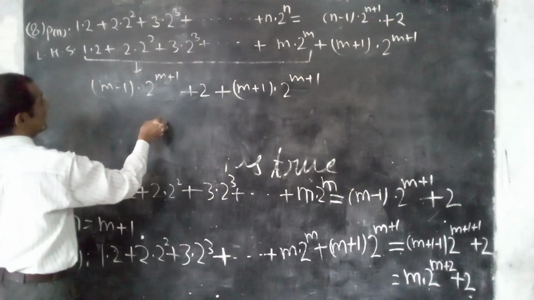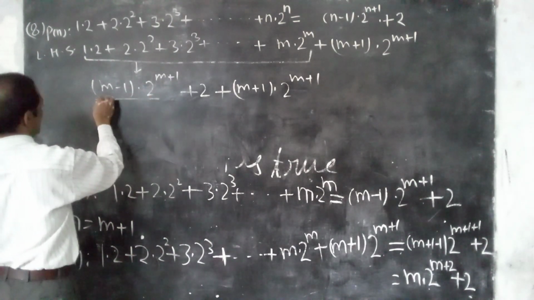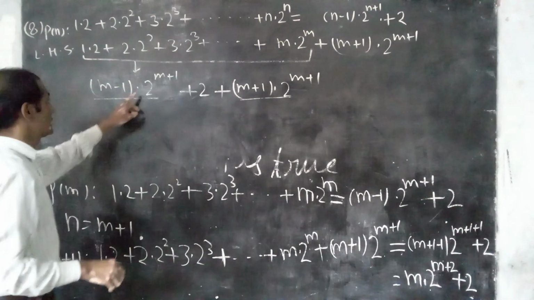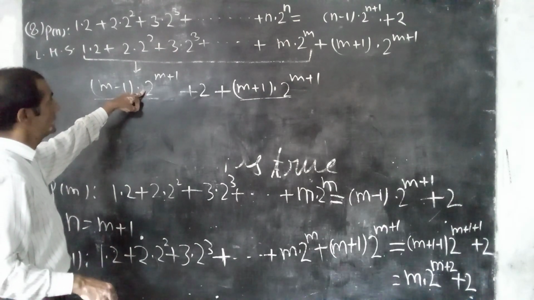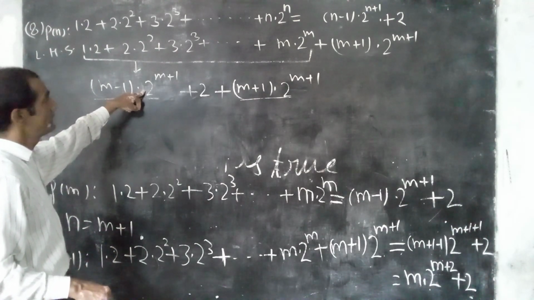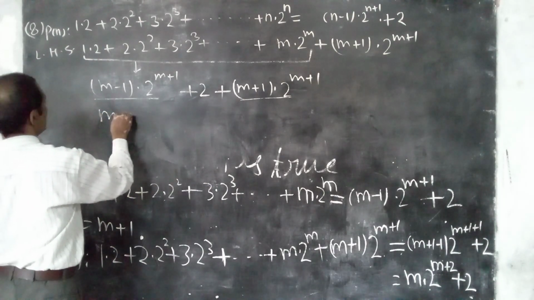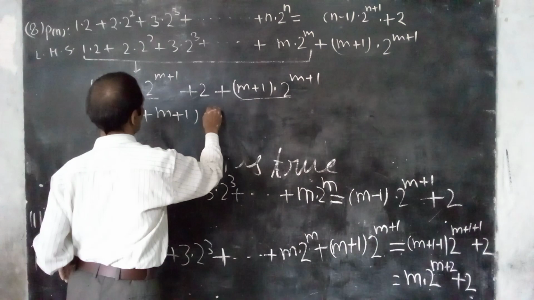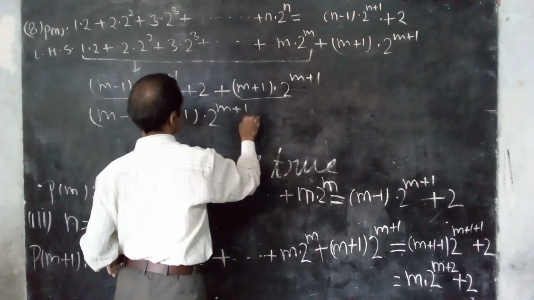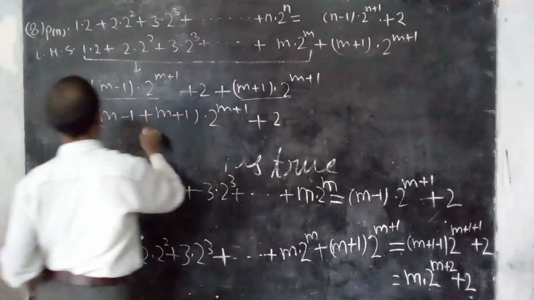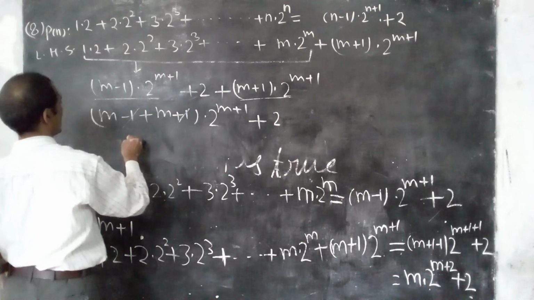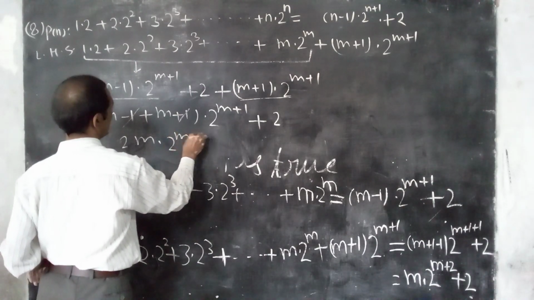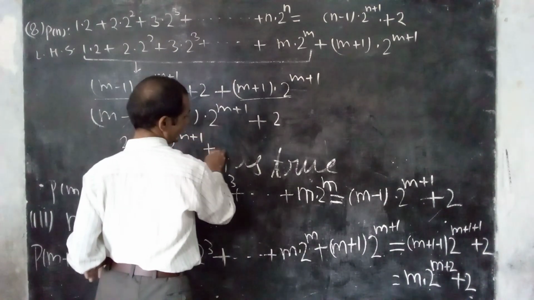Now we simplify. In the first term and third term, 2 raised to power m plus 1 is common. So write here (m minus 1) plus (m plus 1), into 2 raised to power m plus 1, plus 2. Minus 1 plus 1 cancel, m plus m is 2m, so 2m into 2 raised to power m plus 1, and plus 2.